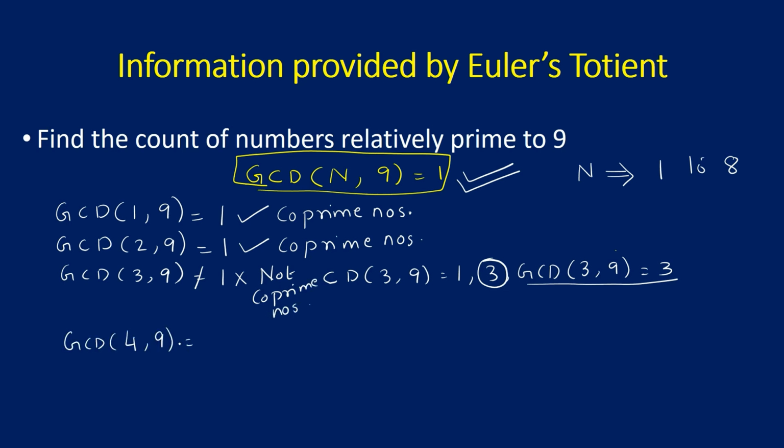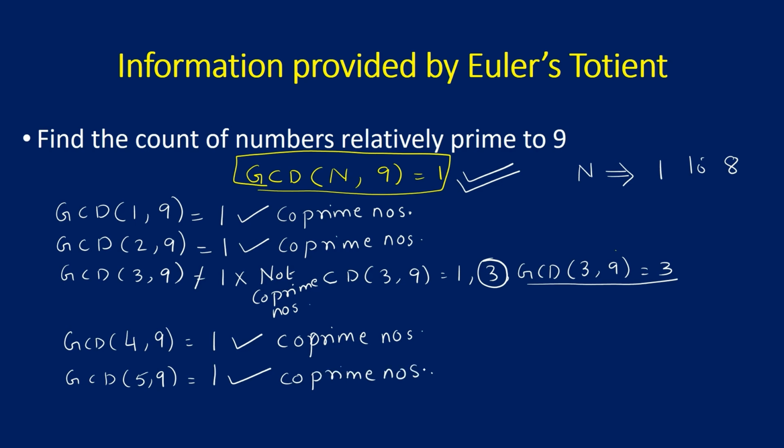Then let us now check the GCD of 4 and 9. The only common divisor between 4 and 9 is 1. There is no other common divisor, and hence 4 and 9 are co-prime numbers. Let us now check the GCD between 5 and 9. The only common divisor between 5 and 9 is 1.